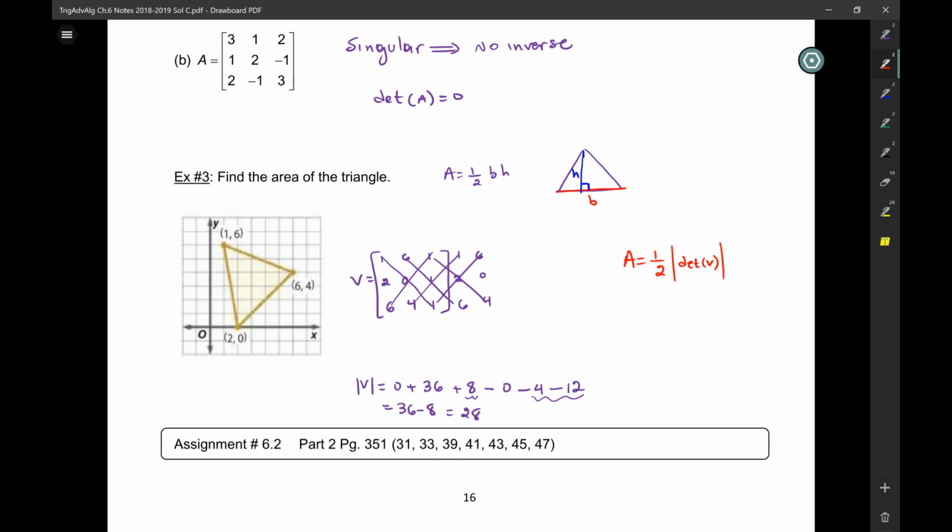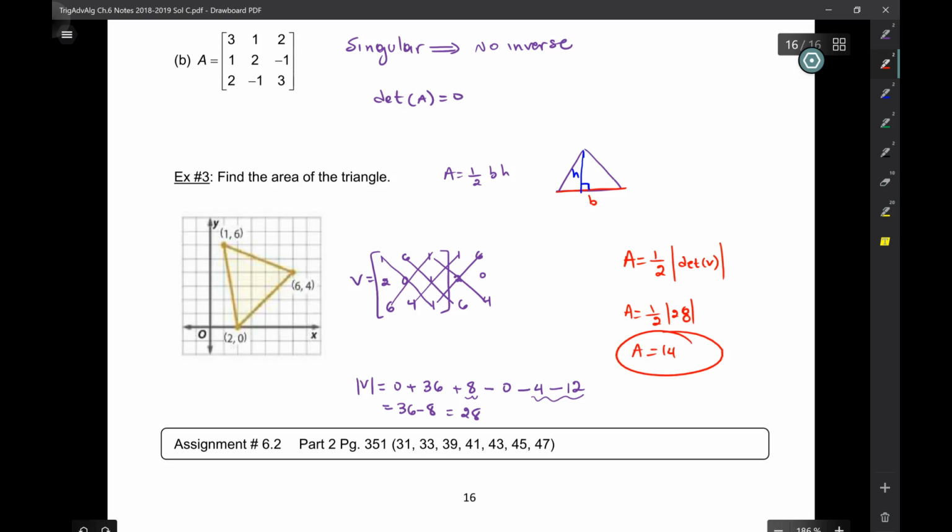If you got the negative determinant, you end up taking the absolute value anyway. That's the absolute value, right? So we're mixing symbols here. So it's half of 28, 14.